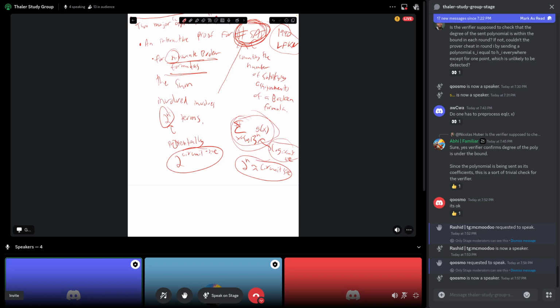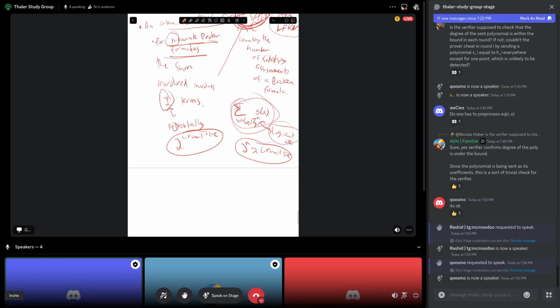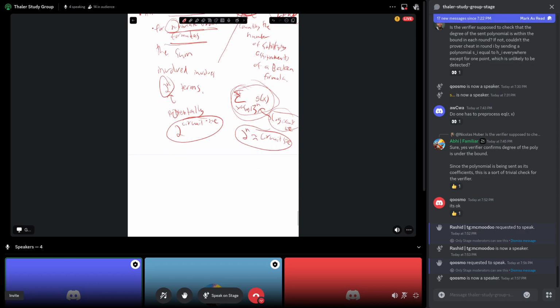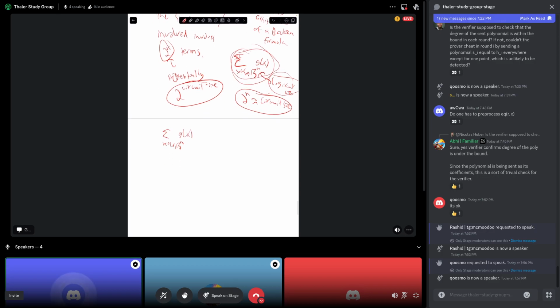And that interactive proof worked very similarly to what you were sketching, which is summing over x in {0,1}^n of g(x). In this application, these x's are Boolean assignments to the n Boolean variables of the formula.